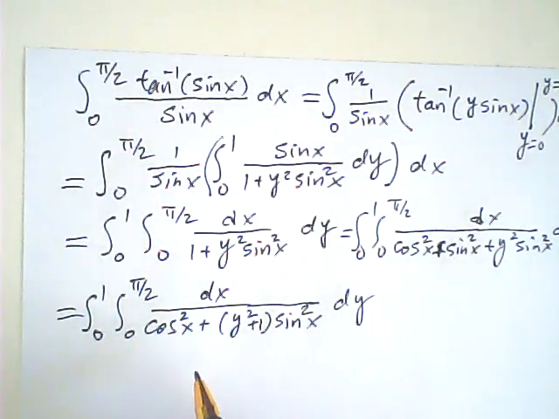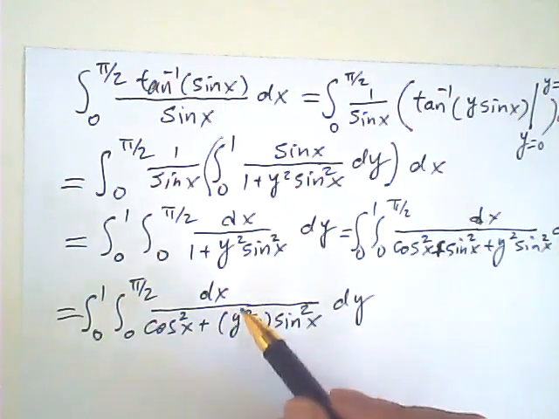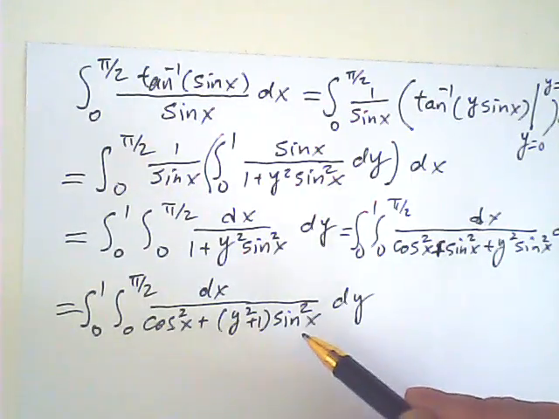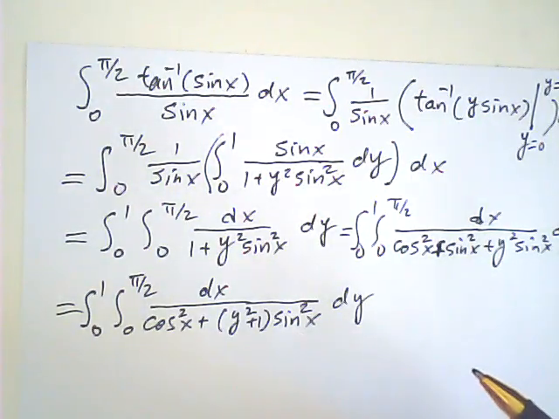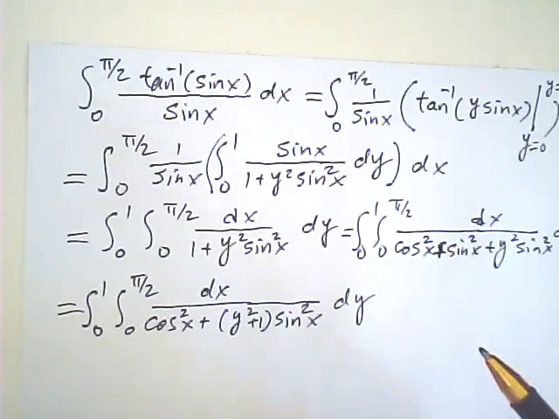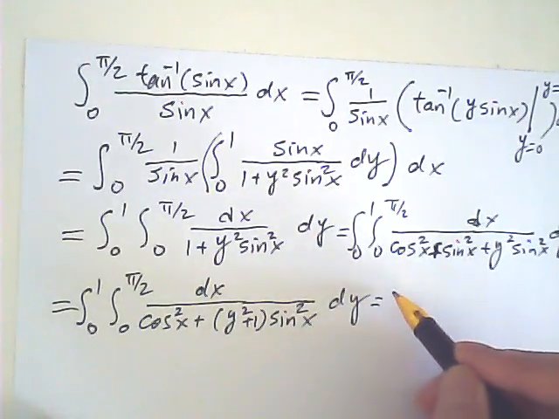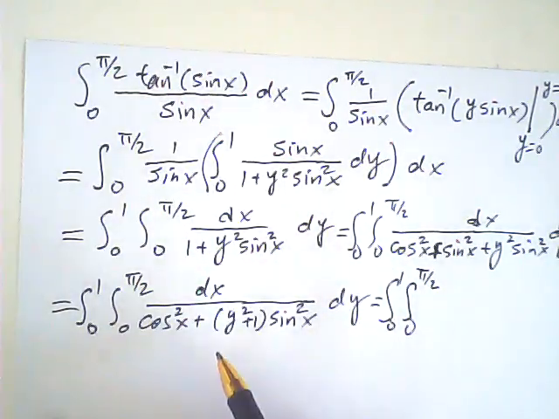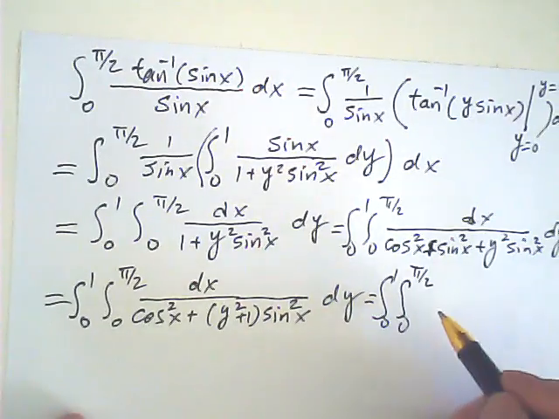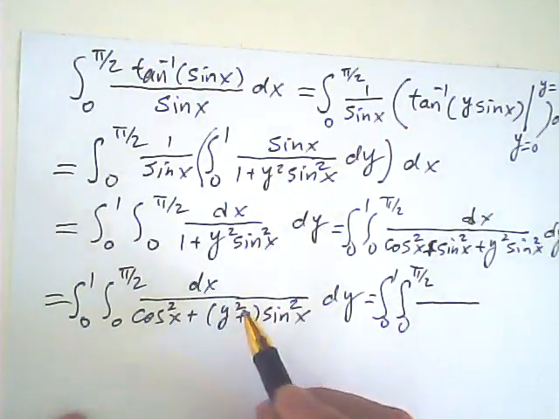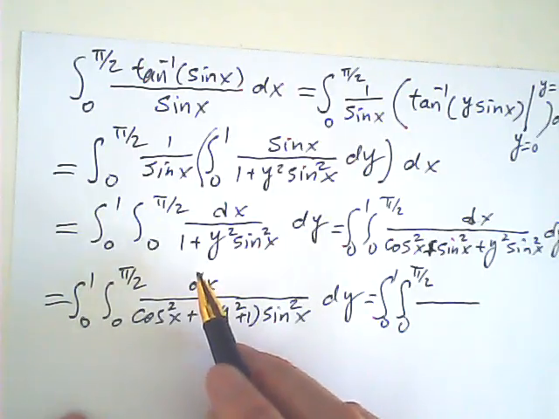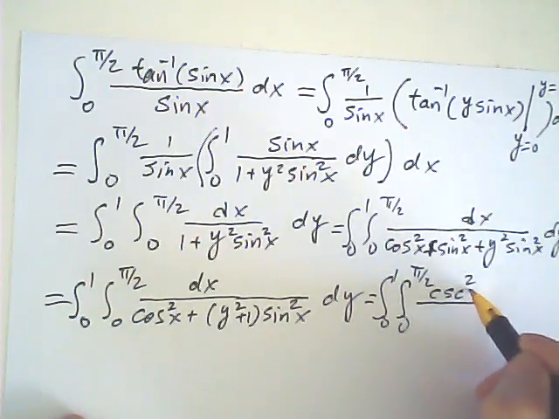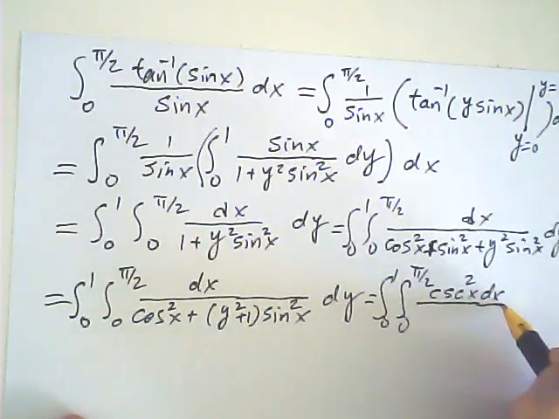Then here, I divide both numerator and denominator by sine square. So the top will become, divided by sine square, a cosecant square x dx, right?